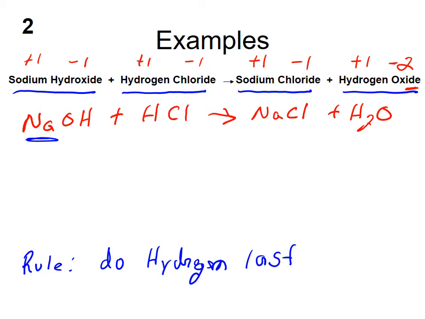Sodium, I have 1, I end with 1, it's okay. Oxygen, I have 1, I end with 1, it's okay. Chlorine, 1, I end with 1, it's okay. Now hydrogen, I have 1 plus 1 is 2, and I end with 2, so it's okay. So this equation is balanced as written correctly. So I just write the word balanced right there.